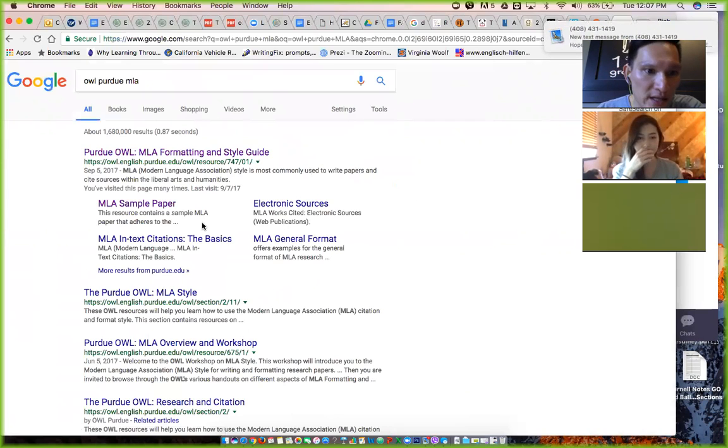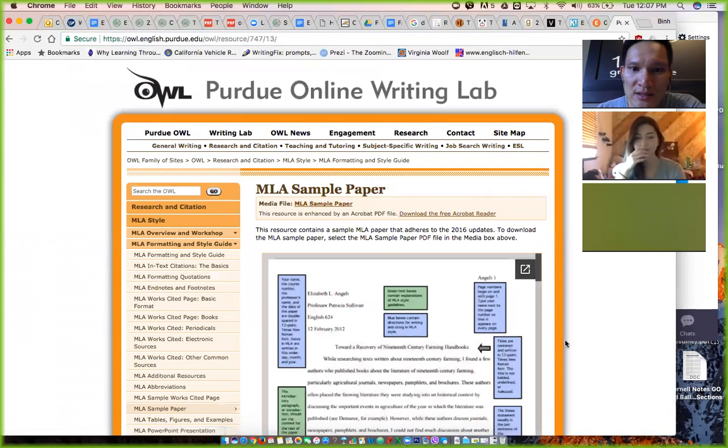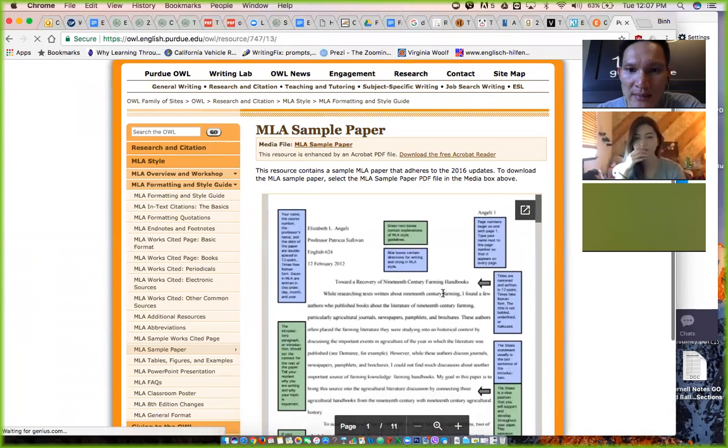All right, so here is the MLA sample paper on this website. You can also look at this to review how to format your essays and all the other papers using MLA.